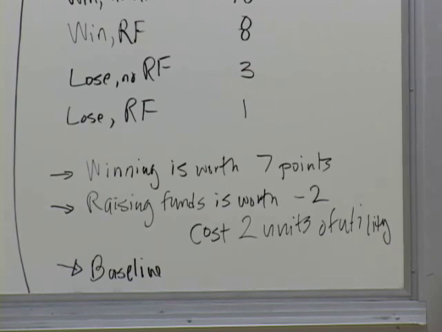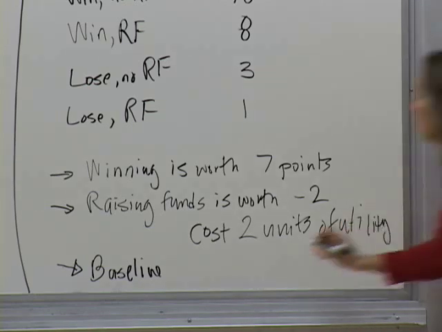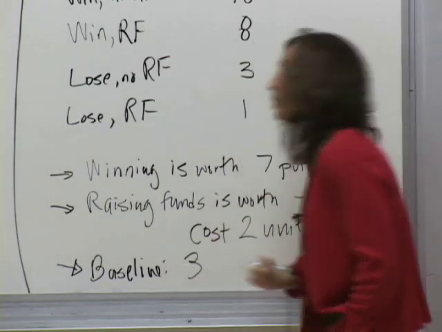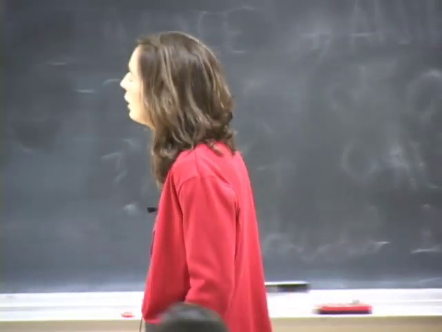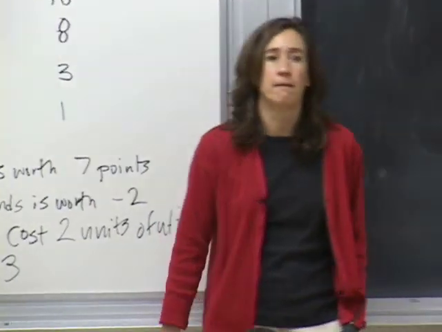It's up there. 3. Okay. Baseline in this problem is 3. Okay. I think I sort of flippantly said that 3 was the value of a day job outside of politics. Okay. Not being in office, but not raising funds either.